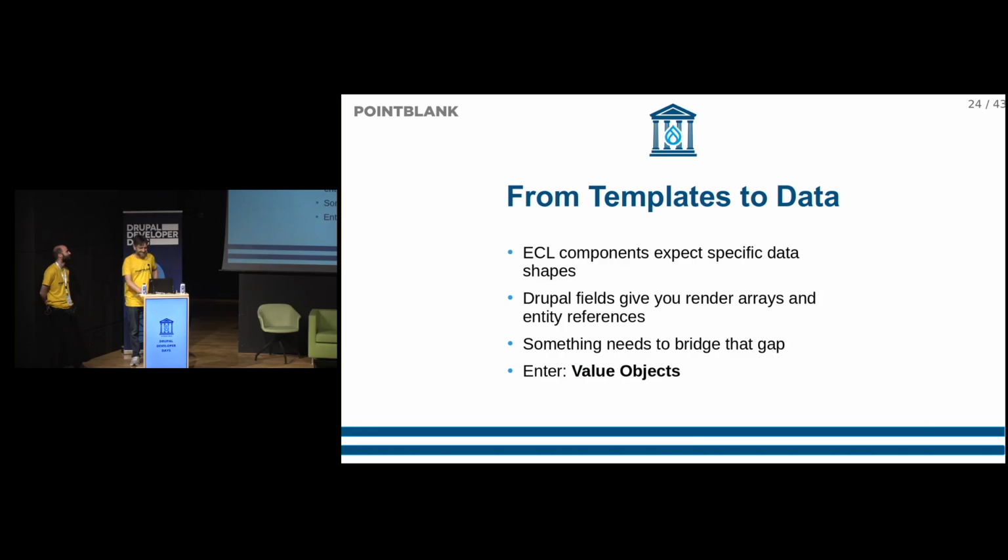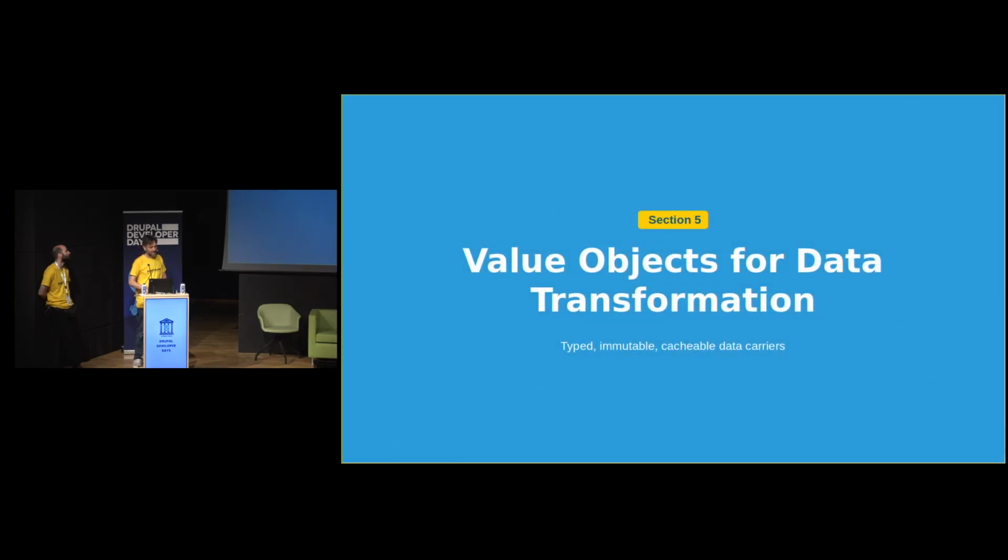So we have covered what ECL templates expect, but where does that data come from? Drupal gives you field items, render arrays, entity references. ECL wants simple associative arrays. You need a transformation layer, and OE theme has an elegant, really clever solution. Value objects for data transformation.